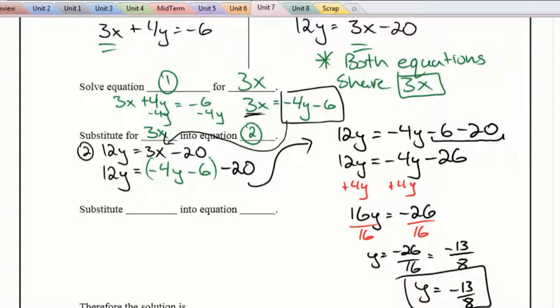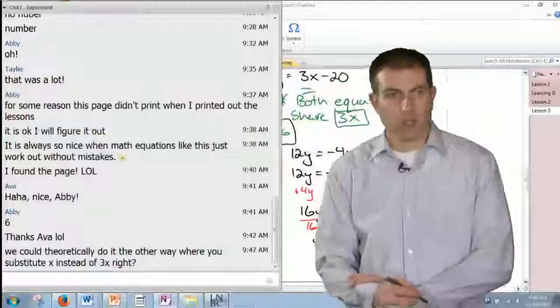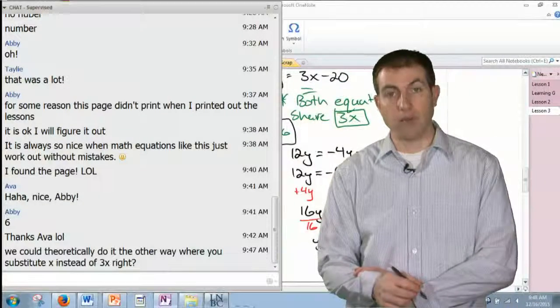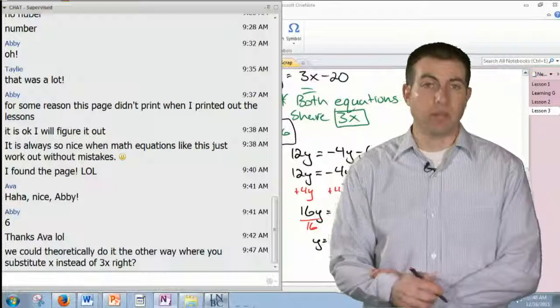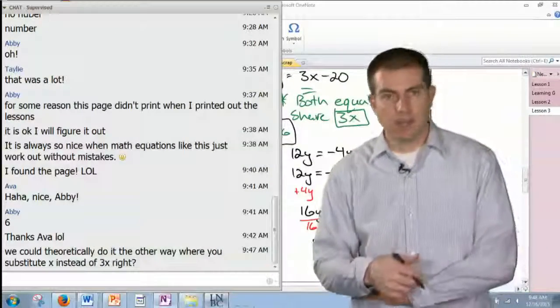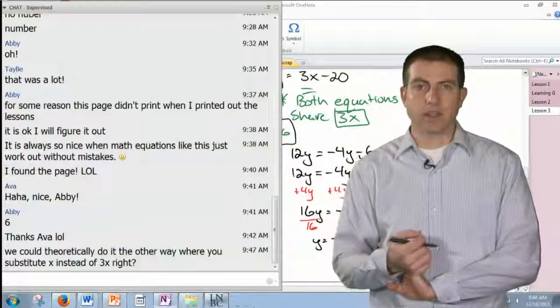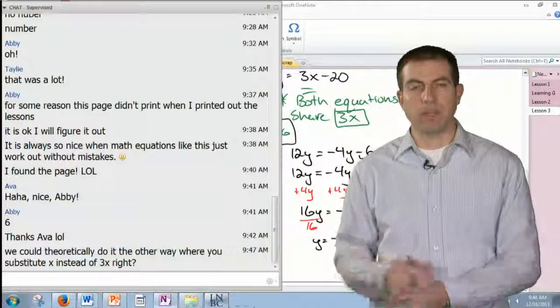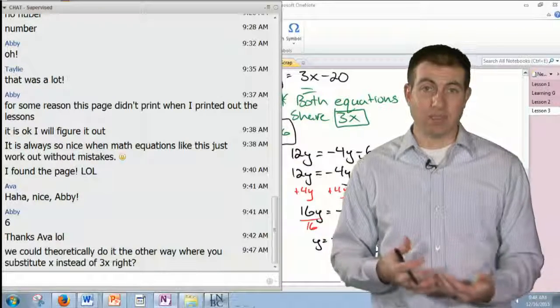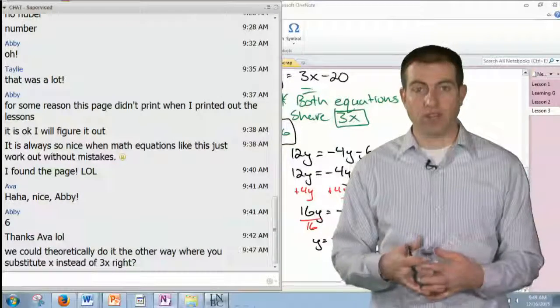That's an excellent question, Abby. We could theoretically do it the other way where you just substituted x instead of 3x. And yes, you could. And there's nothing wrong with that. The only problem you're going to run into is that when you isolate for x, you're going to have to divide everything by 3, and you're going to end up with fractions. And it can get really messy to do this sort of algebra with fractions.